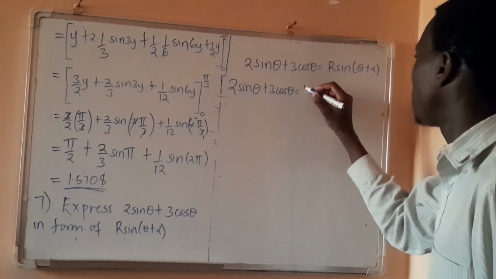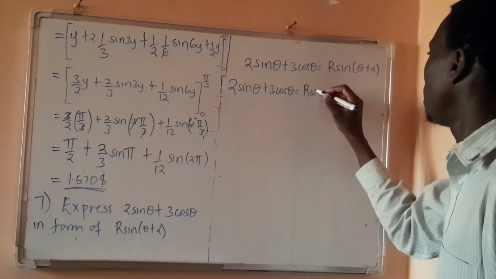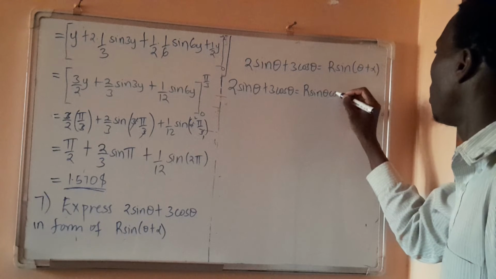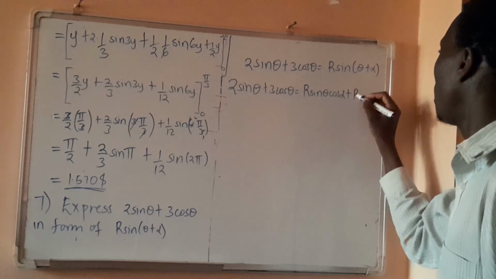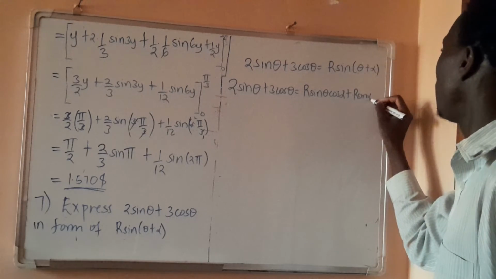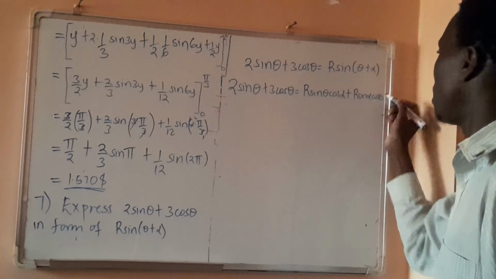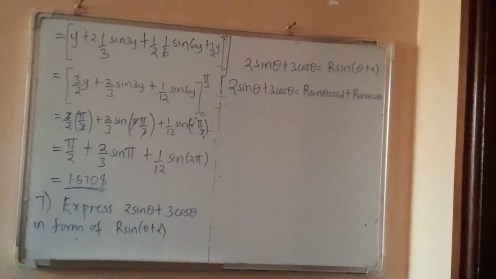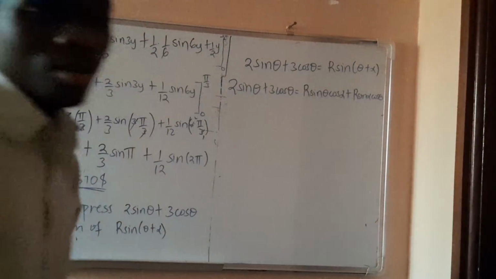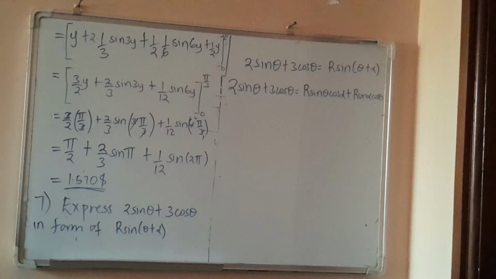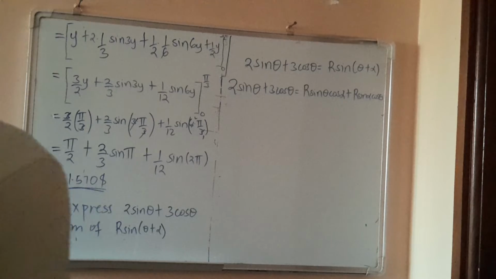So this becomes R sine theta cos alpha, then plus R sine alpha cos theta. So they want us to express this in that form, so we have to find what R represents and what alpha represents.